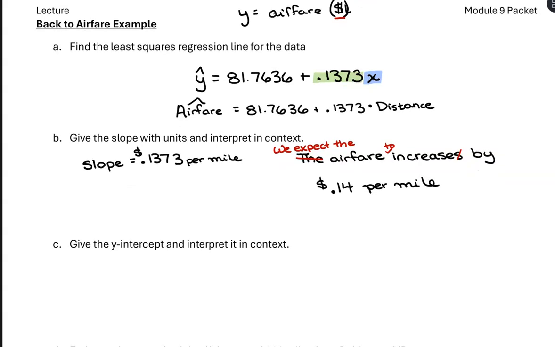Okay, for the y-intercept. So we found our slope. The y-intercept is going to be the number all on its own over there. So the y-intercept is 81.7636.